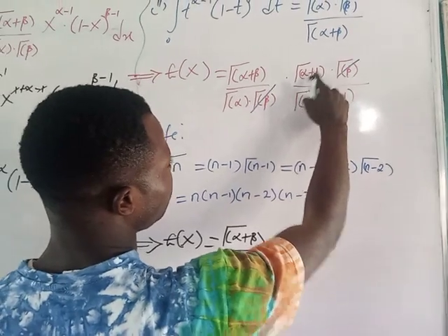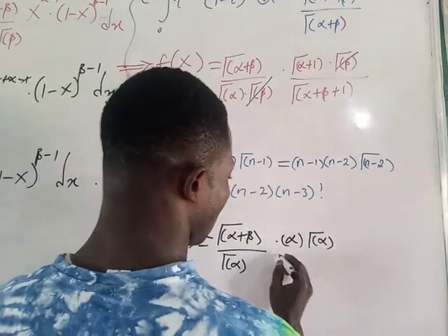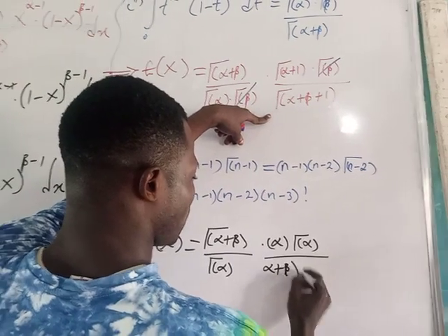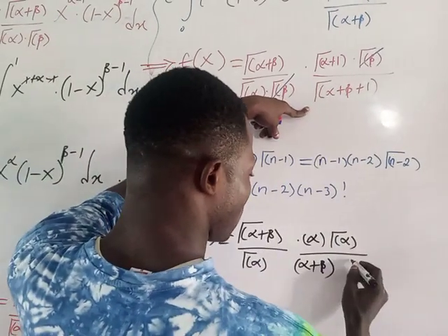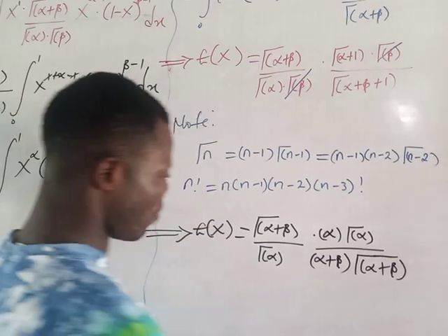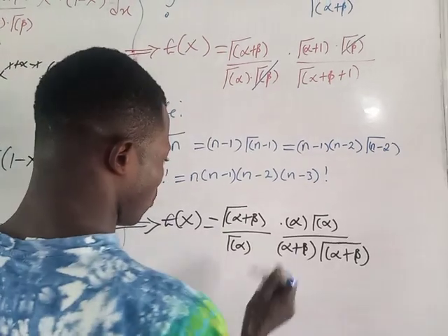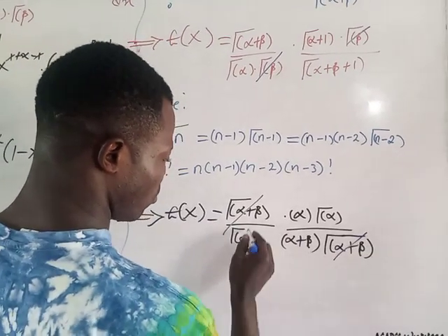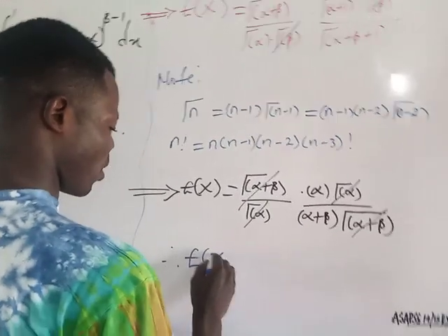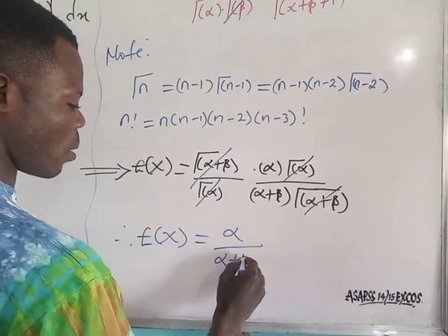That is, if you subtract 1 from this, you take it to the front, then you repeat the remaining function again, then all over this, everything here minus 1 will give us alpha plus beta, then this remains as gamma alpha plus beta. Therefore, this can cancel this, this can also cancel this. We have this take care of this, we have this take care of this, and our expected value of x will equal alpha all over alpha plus beta.